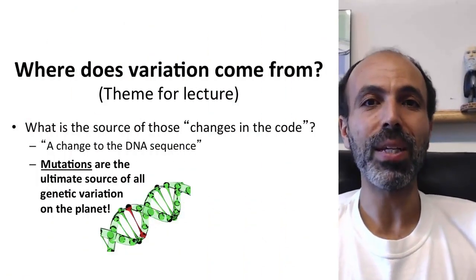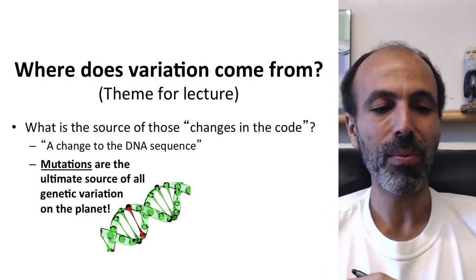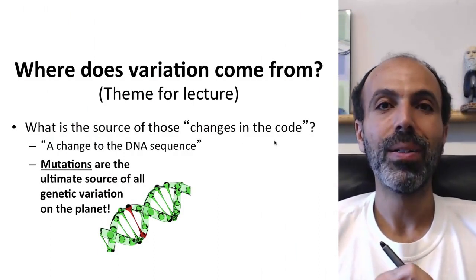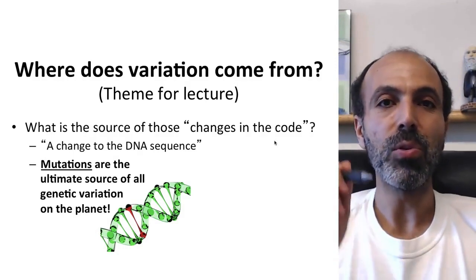So there obviously has been introduction of some sort of new variation into the diversity we see on the planet today. Now, where does this variation come from? Well, this is the theme for today's lecture. What is the source of these changes in the genetic code? Well, the answer is mutations.